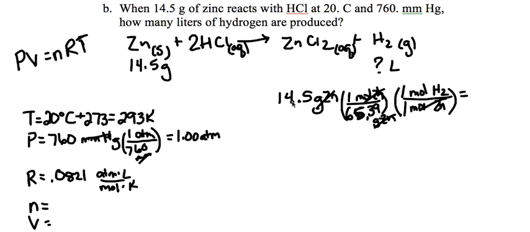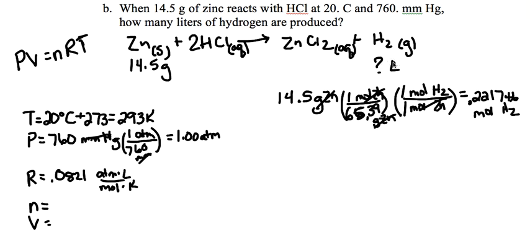When I calculate then, 14.5 times 1 times 1, please do not put that in your calculator, divided by 65.39, I get 0.221746 moles of hydrogen gas produced. That is the amount of hydrogen gas I produced. Very difficult to measure that, though.